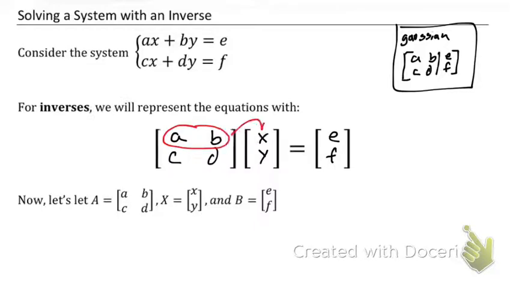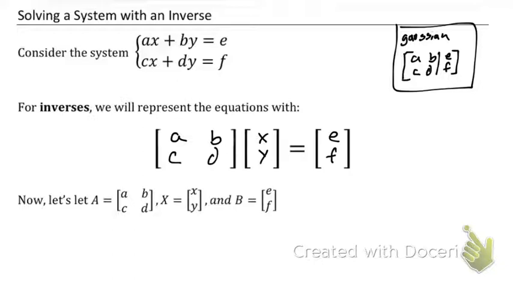So this is the way we're going to set up a system of equations in matrices for inverses. This is going to be important because on the test, I'm going to say use Gaussian elimination to do it, and then I'll say use inverses to do it. You need to know how to set it up. If I say Gaussian elimination, we use an augmented matrix. If I say use inverses, we set it up like this.